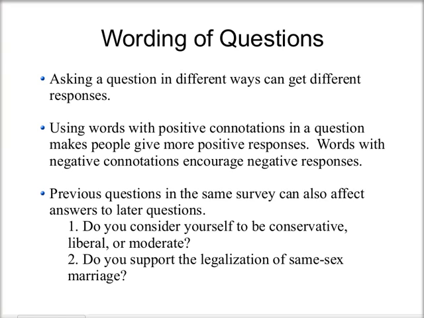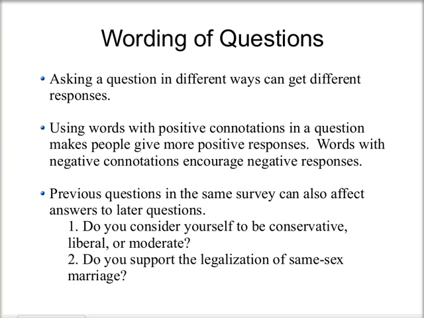In addition to the words you use, you have to worry about other questions in the survey having an effect on answers to later questions. So for example, if a survey has these two questions, it first asked, do you consider yourself to be conservative, liberal, or moderate? And then asked, do you support the legalization of same-sex marriage?